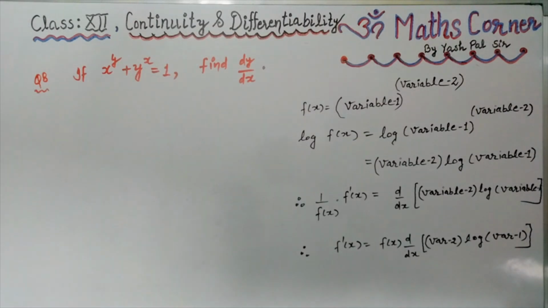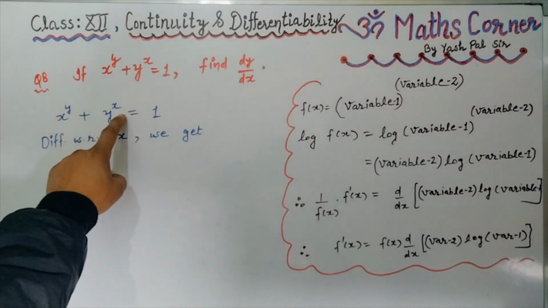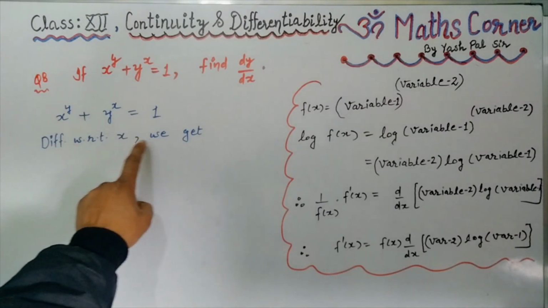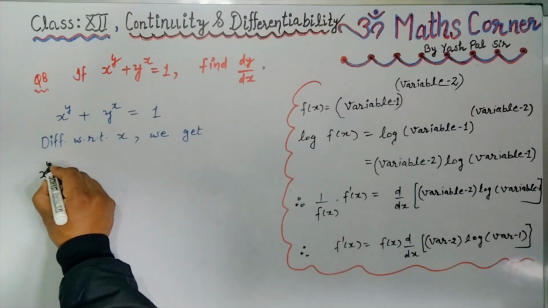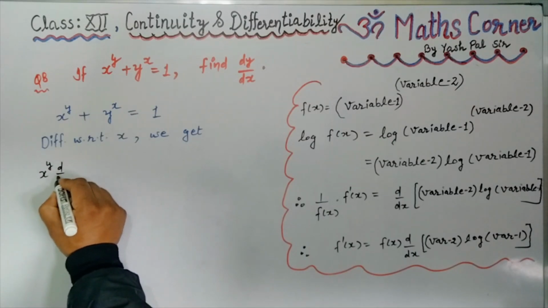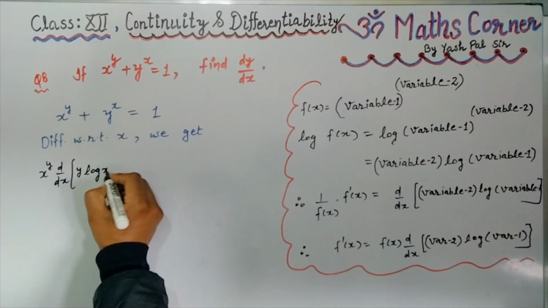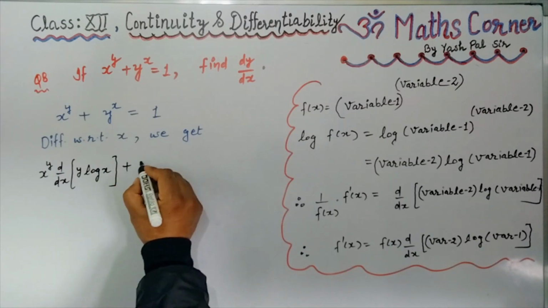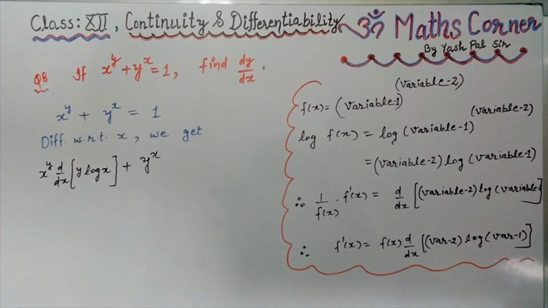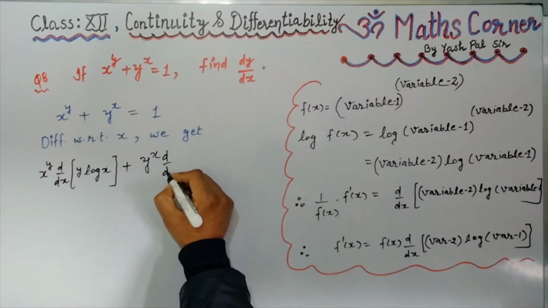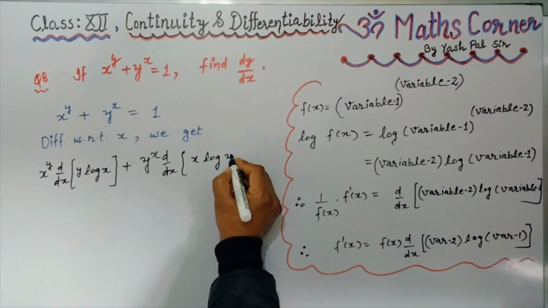We follow this process and here we apply the same, x raised to power y plus y raised to power x is equal to 1. Differentiating with respect to x, according to this rule, first of all we write x raised to power y into derivative of y into log of x, plus y raised to power x into derivative of x log y.